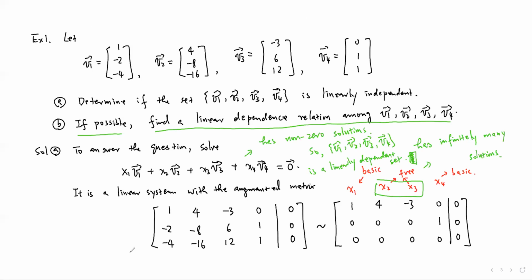Solution to B. Okay. In equations, the final augmented matrix in part A, the final augmented matrix in part A is this matrix. Now let me write this matrix in equations.